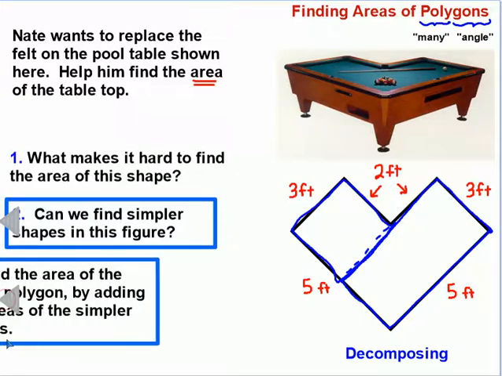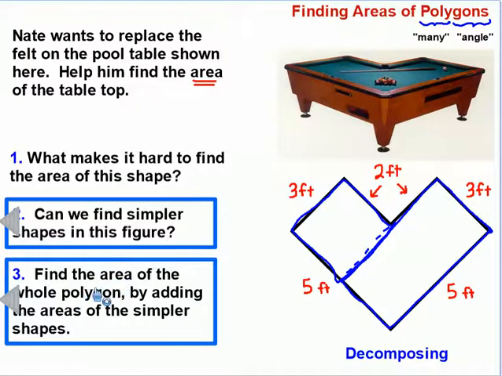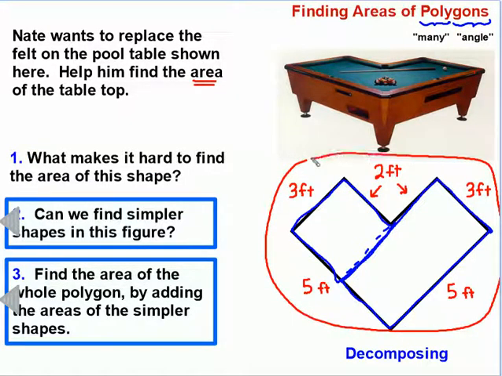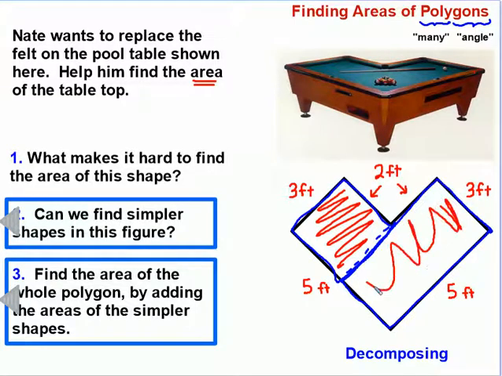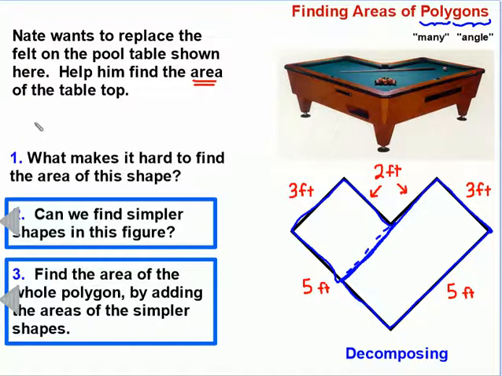So, moving on to the next step, we can find the area of this entire shape simply by adding the areas of the simpler shapes. So we can take the area of this guy and add it to the area of this guy, and that will give us the area of the total shape. So let's try that. First of all, we remember that the formula for area of a rectangle is length times width.